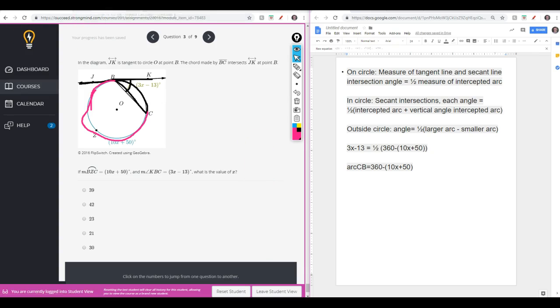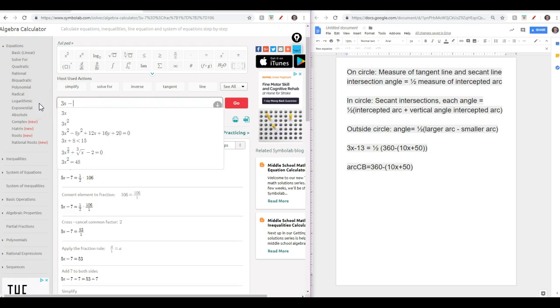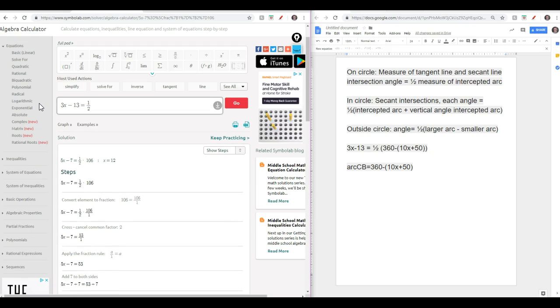Now I'm going to jump over here and use an algebra calculator. 3x minus 13 is equal to 1/2 times 360 minus parentheses 10x plus 50.